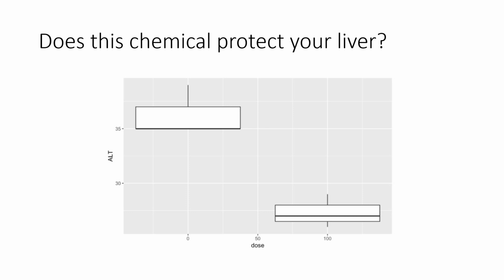Is that true? Now, as a liver toxicologist, I'm going to tell you no. And based on my knowledge and experience, I can tell you this is not a real thing that's going on here.